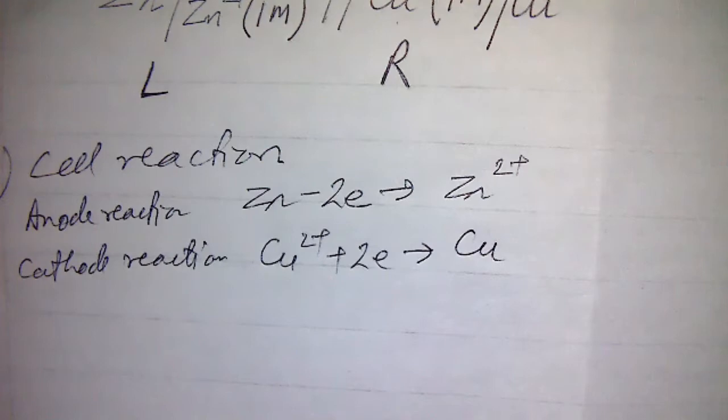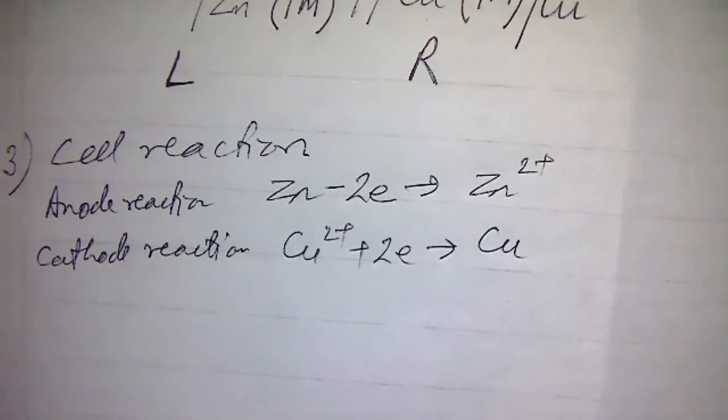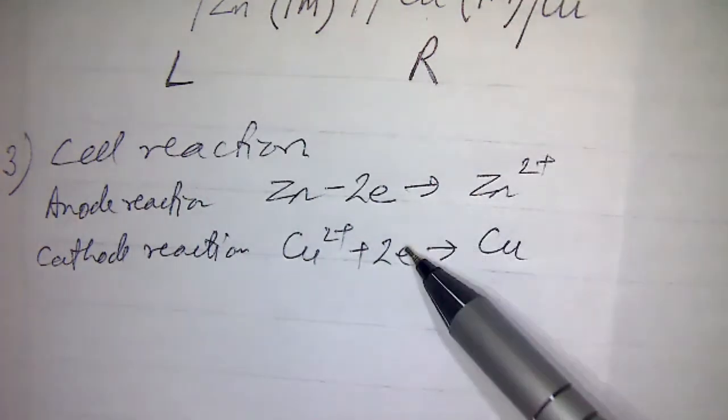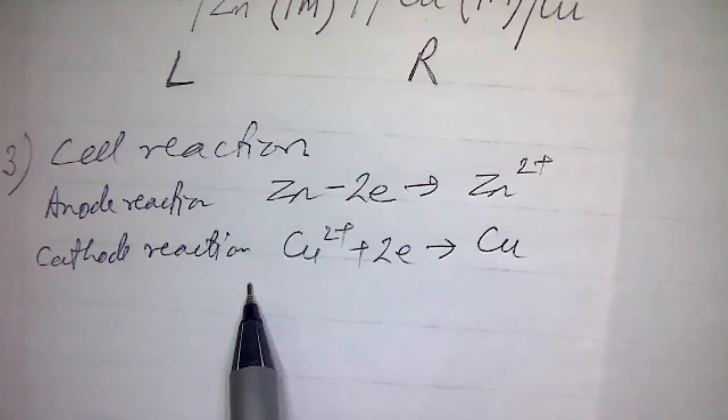But before adding them, always remember, the number of electrons gained and the number of electrons lost has to be equal. Here, in both the cases, it is exactly the same, 2 electrons and 2 electrons. So you don't have to do anything.